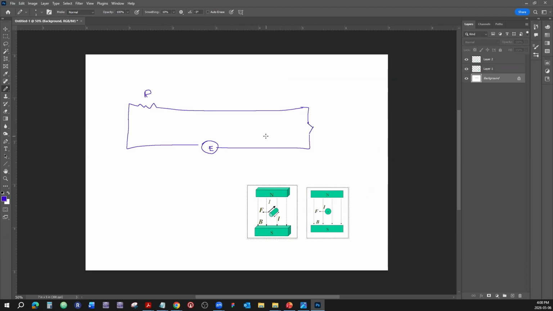And when we close the switch, we have some sort of a current flowing that is going to go from, let's say, positive to negative, considering the conventional current flow, and we're going to have the current with the designation of I.